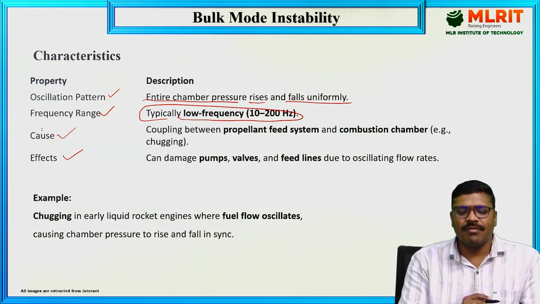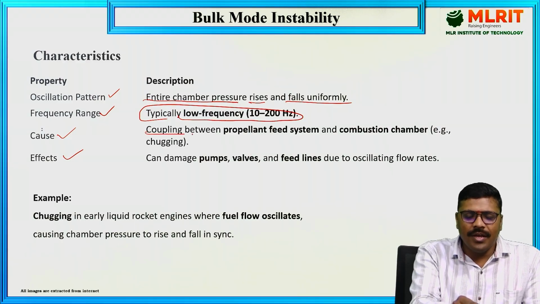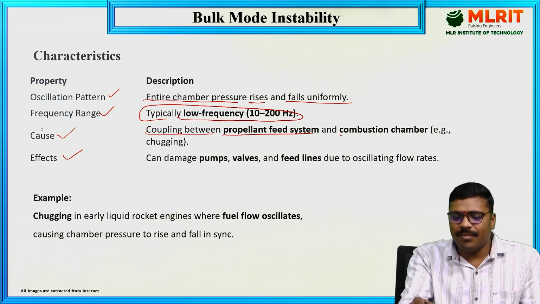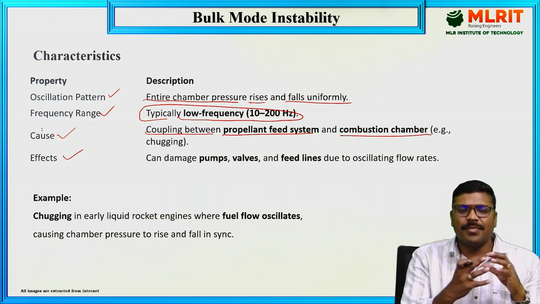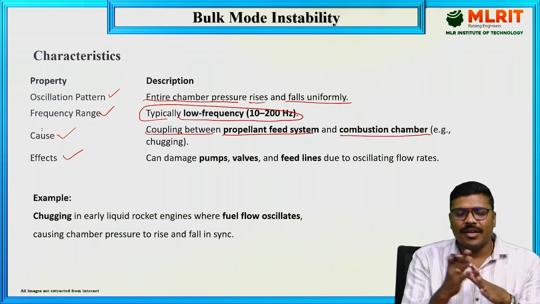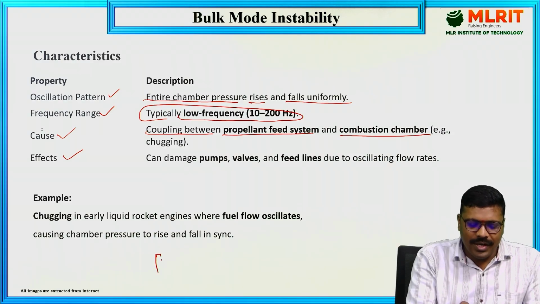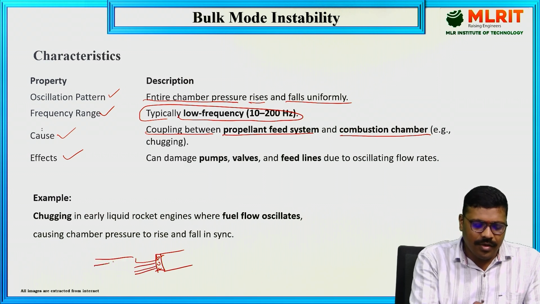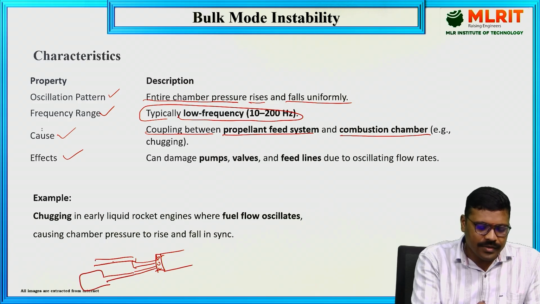General causes of bulk mode instabilities are coupling between the propellant feed system and the combustion chamber. So the interaction between the propellant feed system and the combustion chamber. If you take here, the injector will be there, and after that the combustion chamber will be here, and the propellant feed lines will come here like this from the propellant tanks.